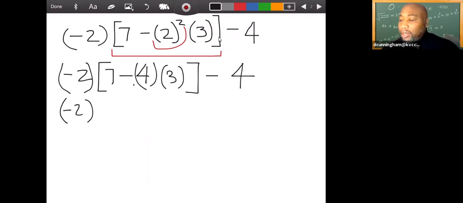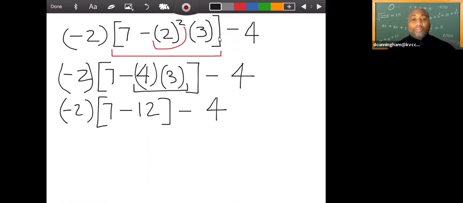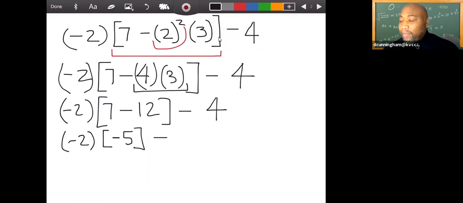The first thing to do is the multiplication, so it'll be 7 minus 4 times 3, which is 12. Now we're still working inside the parentheses: 7 minus 12, which should be a negative number, -5, minus 4.